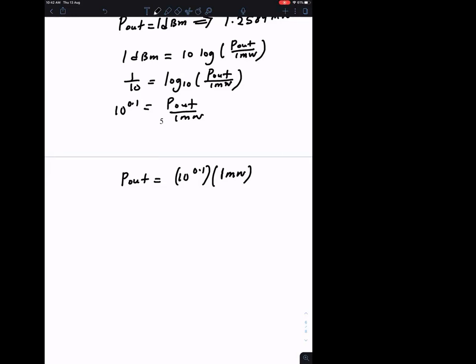That gives you 1.2589 milliwatts, or simply 1.259 milliwatts.